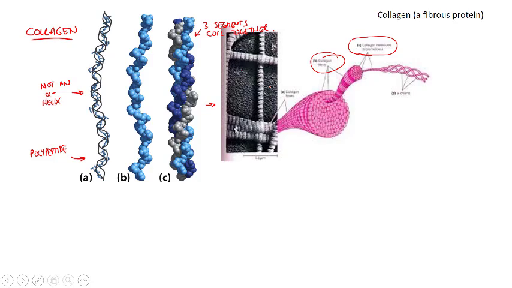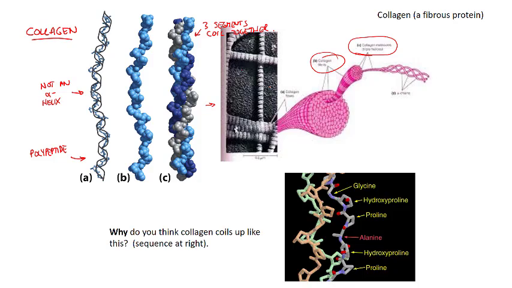So why does collagen do this? It's all about the side chains. If you were to look at the sequence of collagen, it's got this regular repeating sequence: glycine, hydroxyproline, regular proline, alanine, hydroxyproline again, proline again, and then it keeps on repeating like that.